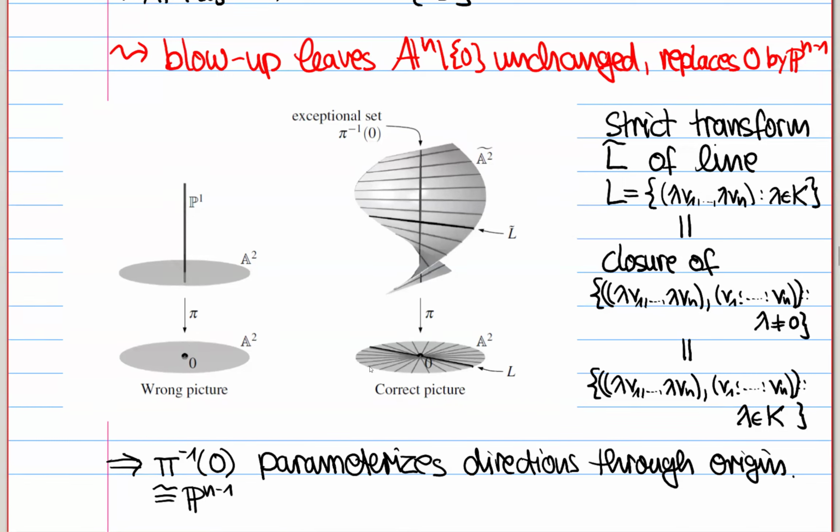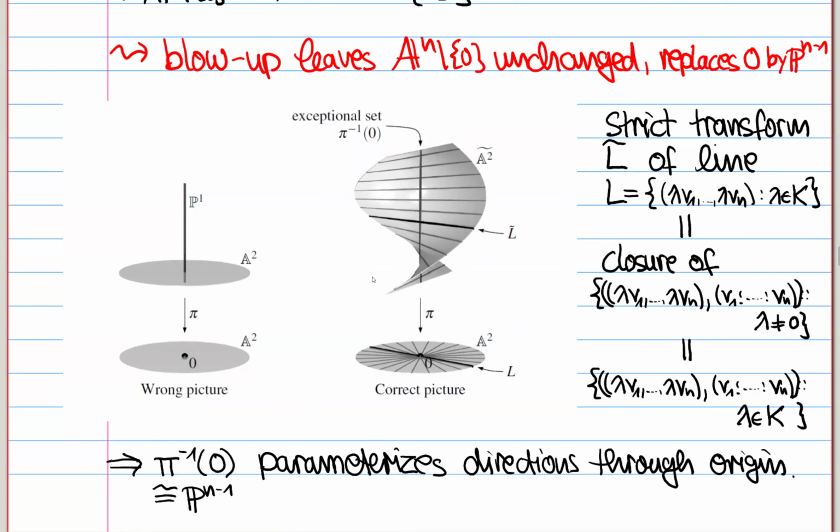And so basically for every height coordinate here corresponding to a point in P^1, you just get the strict transform of the corresponding line. And these lines then sweep out this blow-up. And then we understand that the preimage of 0 is exactly 0 × P^1.